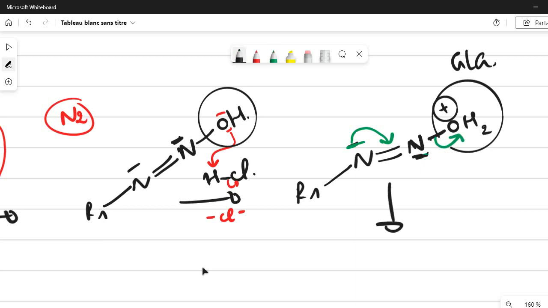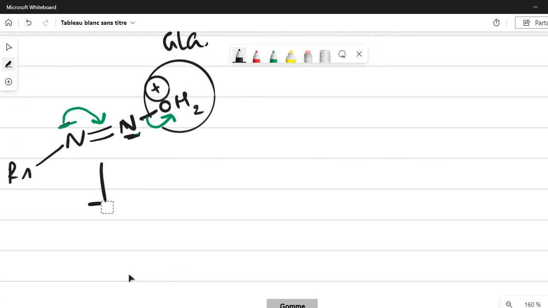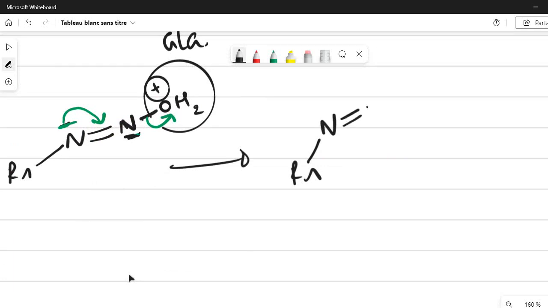Okay, so we are going to form this molecule that I'm going to draw here. R1 with a nitrogen and another nitrogen, but with three bonds. Okay, so this one and two and three. And we still have this lone pair here, so we are going to draw it here.